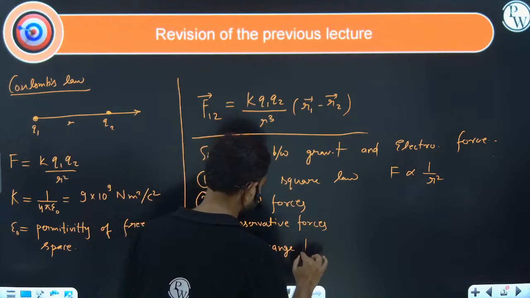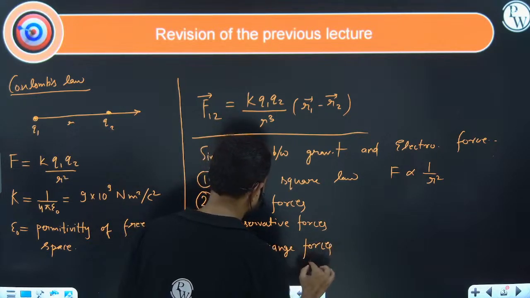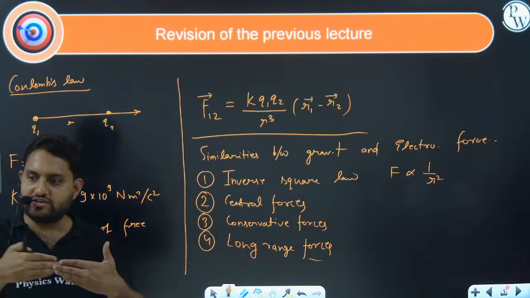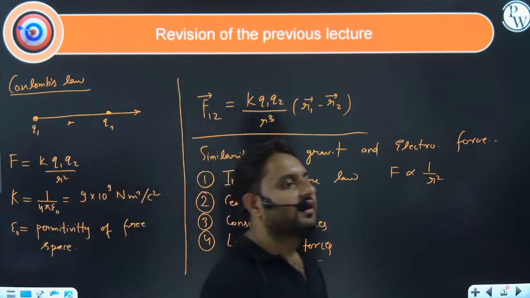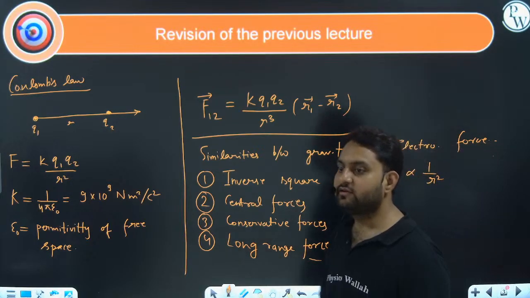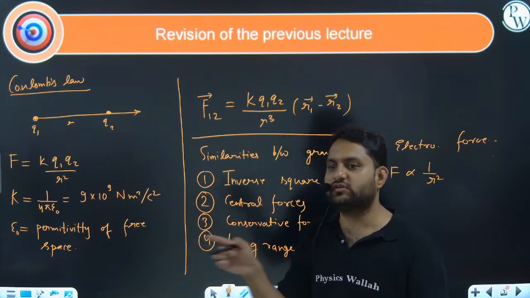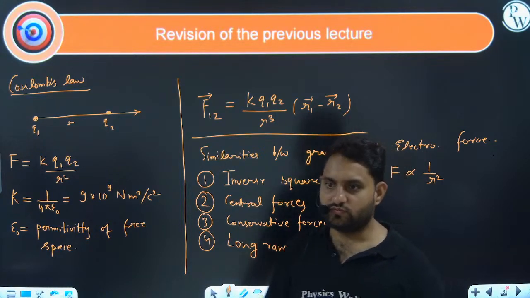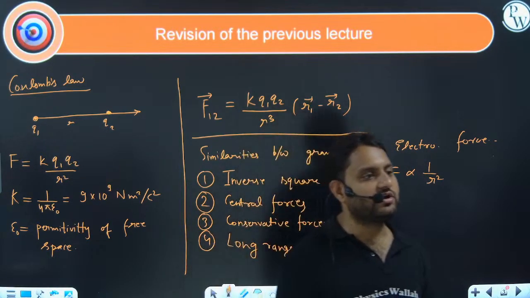What is the meaning of central forces? Forces that act along the line joining the two charges. That is called a central force. And in gravitation, forces act along the line joining the two masses. Conservative force means the work done by the force does not depend on the path.